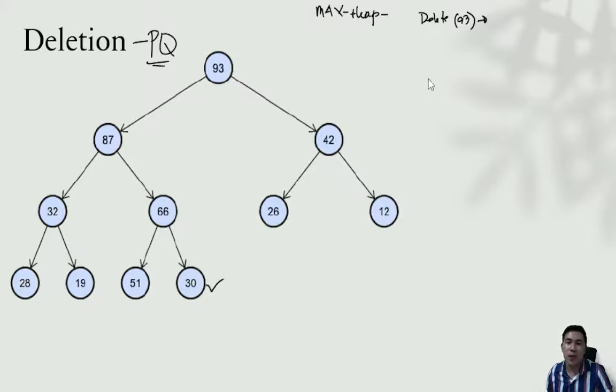So you will need to swap 30 and 93. Or you can simply delete 93 and then replace it with 30.